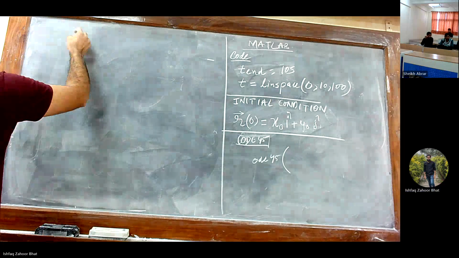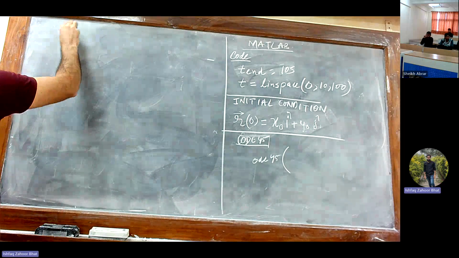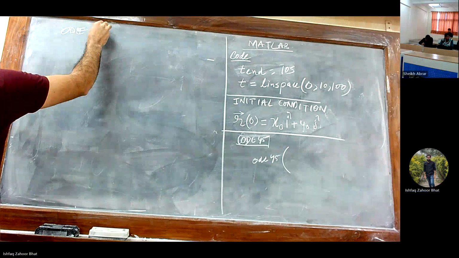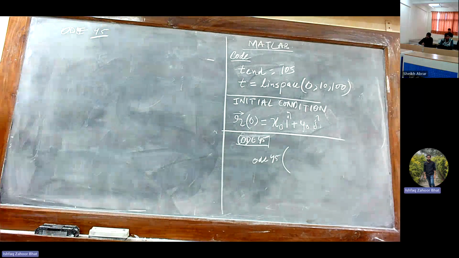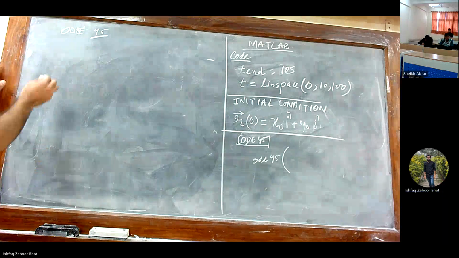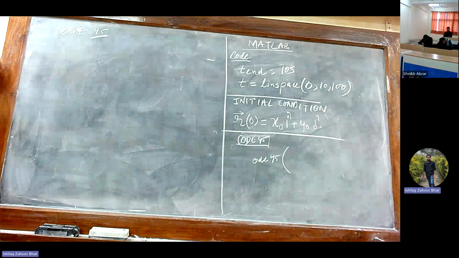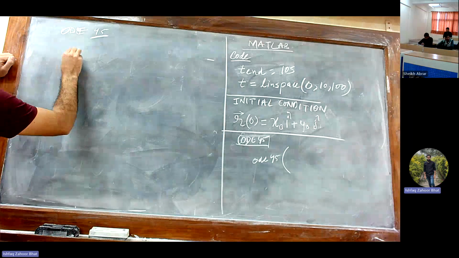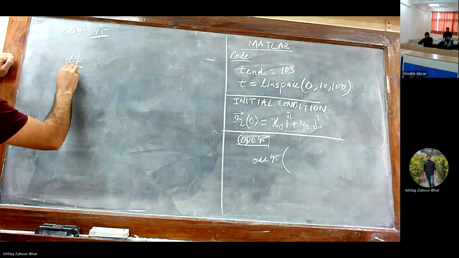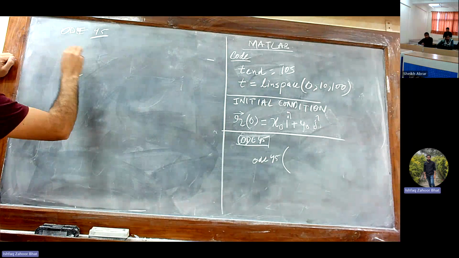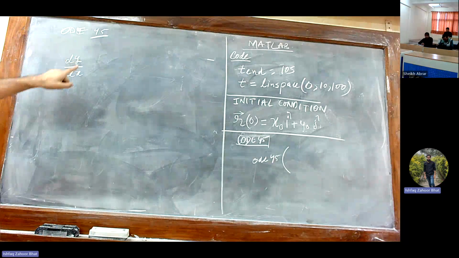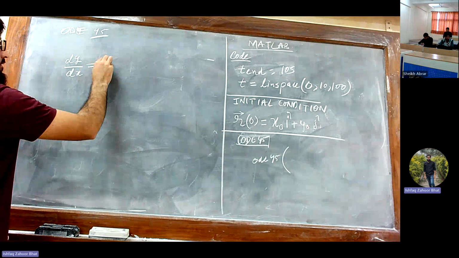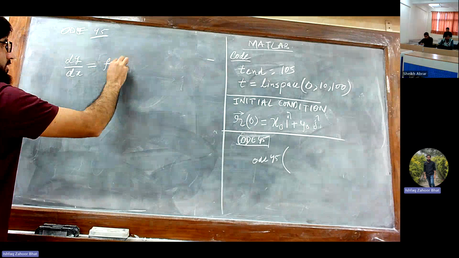So how does ODE45 work? For example, let us say we have dy upon dx, some function of x.